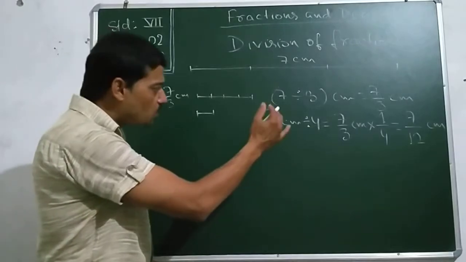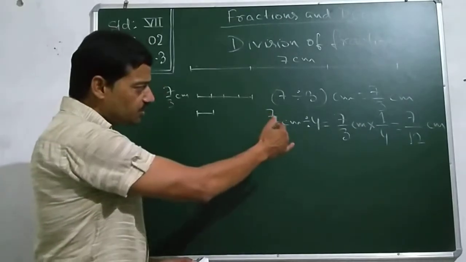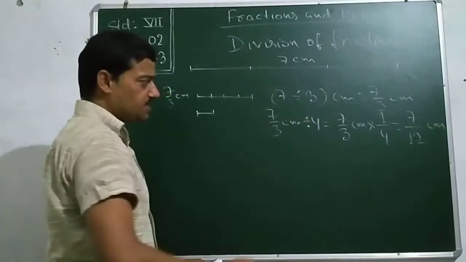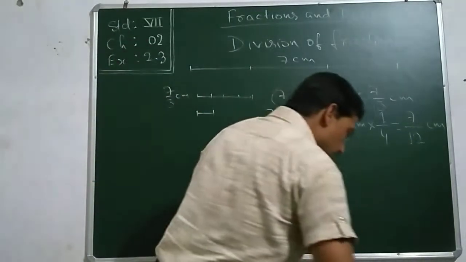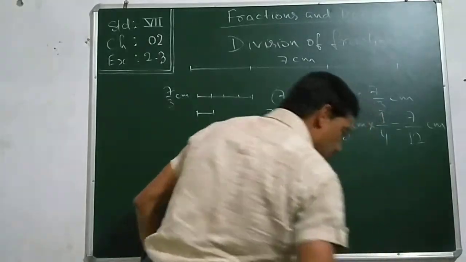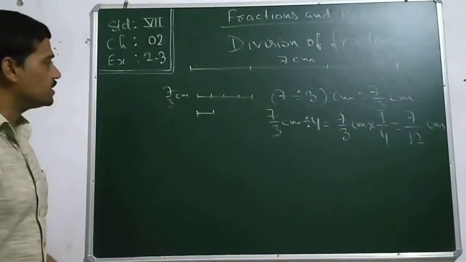We get the reciprocal of the number which appears after the division and multiply both the numbers to get the quotient of the division of fractions.